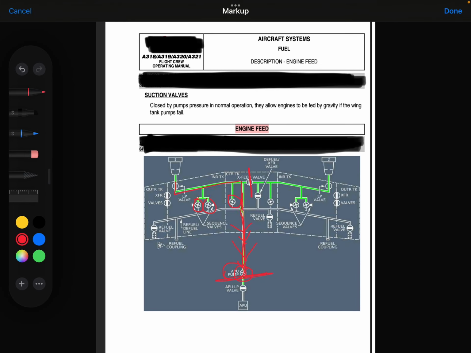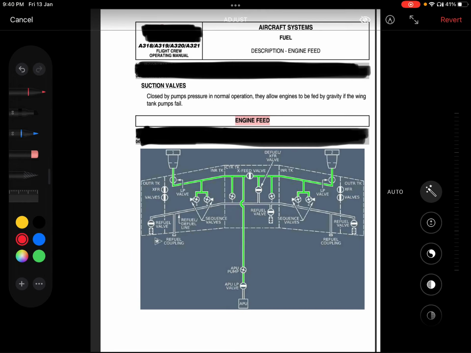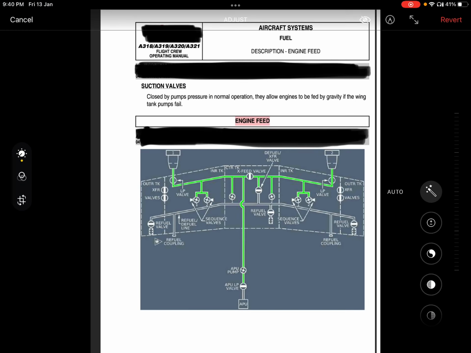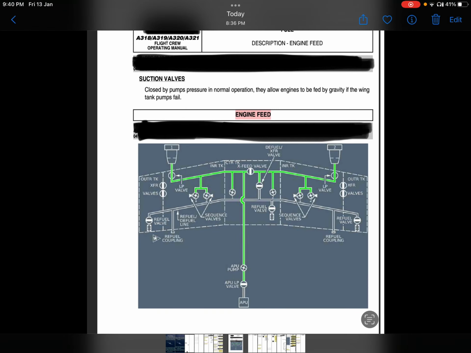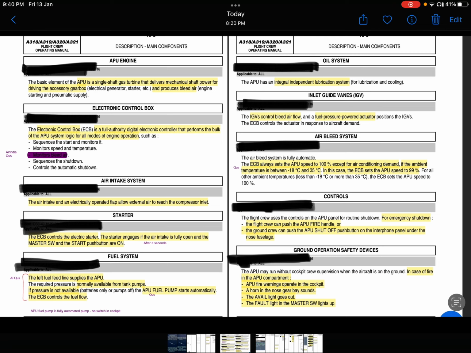This schematic diagram clears your two doubts, that fuel to the APU is supplied from the left tank, and we have a separate APU pump. In case of low pressure, it starts automatically, and ECB controls the fuel flow.